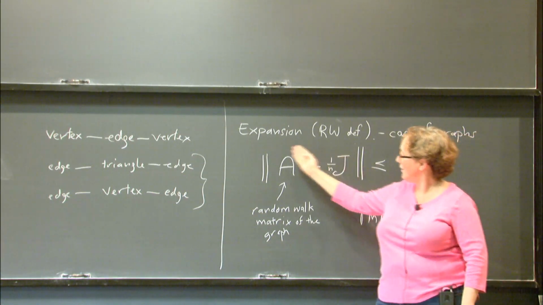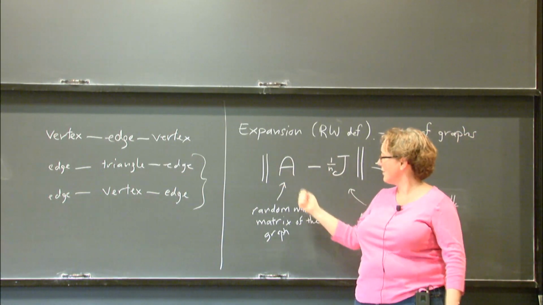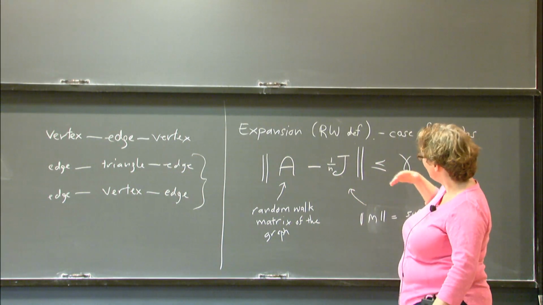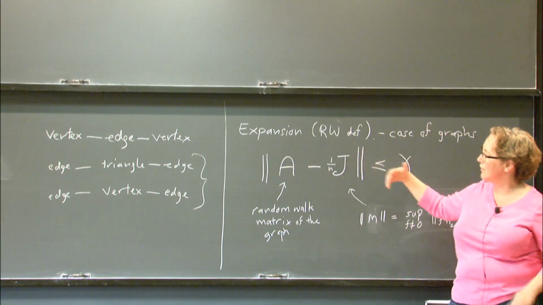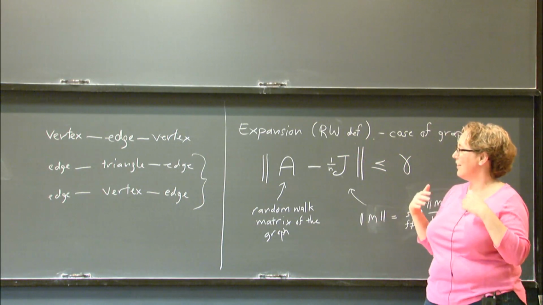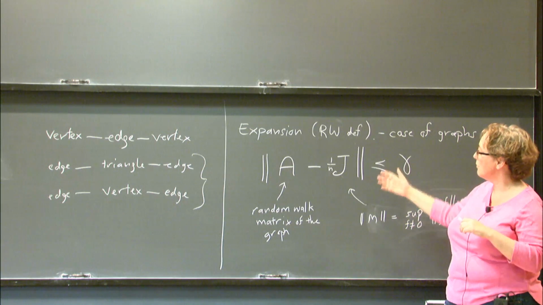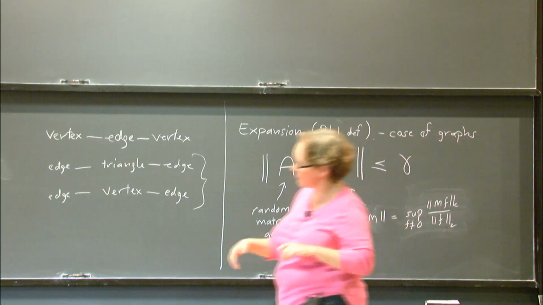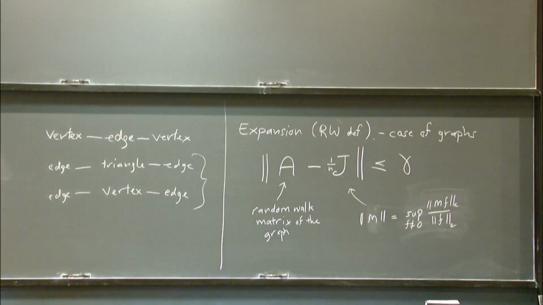Okay, let me say something already now. To give the definition and to work through the proofs, it will be very simplifying for me to assume that all the graphs and the complexes are regular. So let's make this assumption for now, and later on I can say what happens when it's not regular.